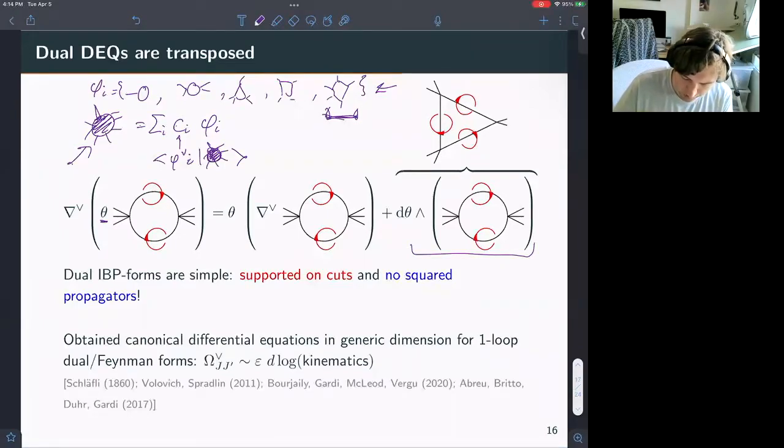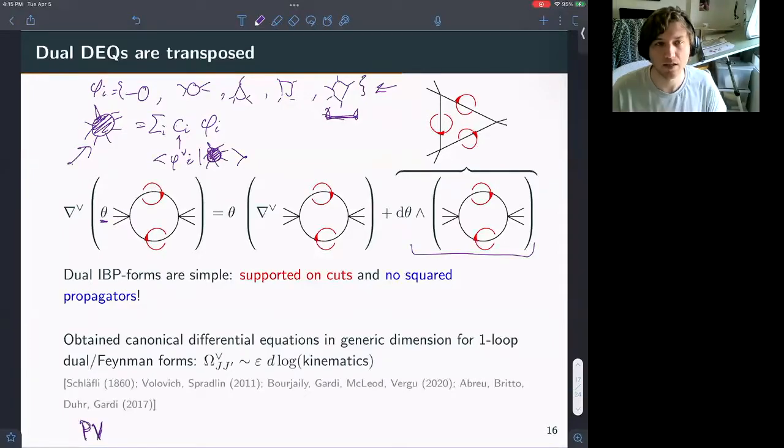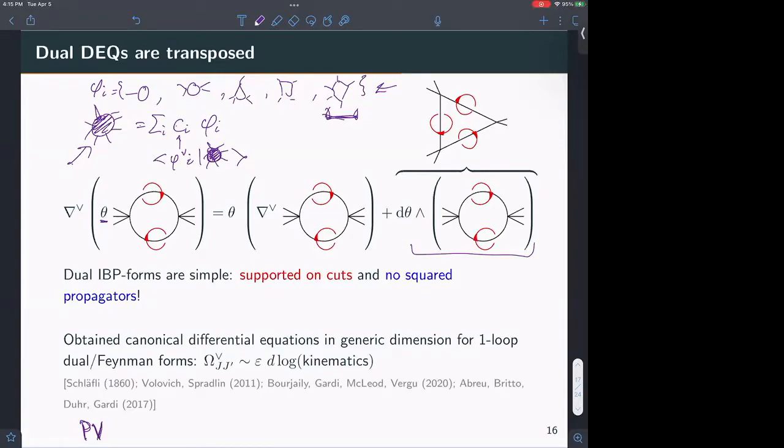No matter what theory you're in, you can always do a reduction and express all of your integrals as scalar integrals, where you can take the tensor structure and write it as a scalar integral times some tensor structure. And that's true for massive particles as well.